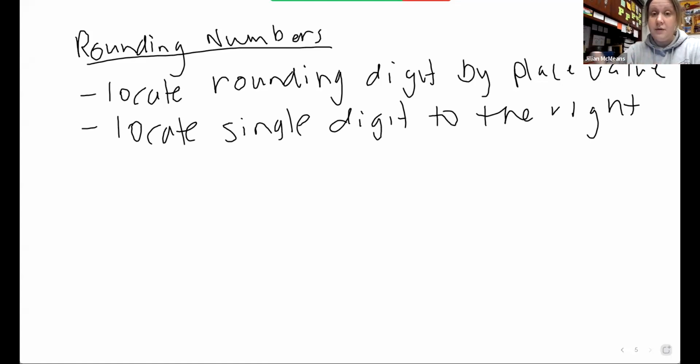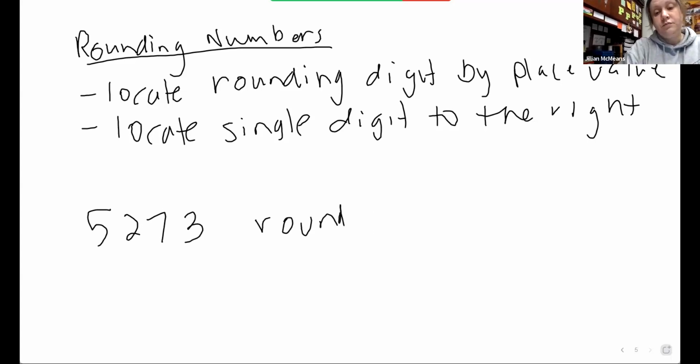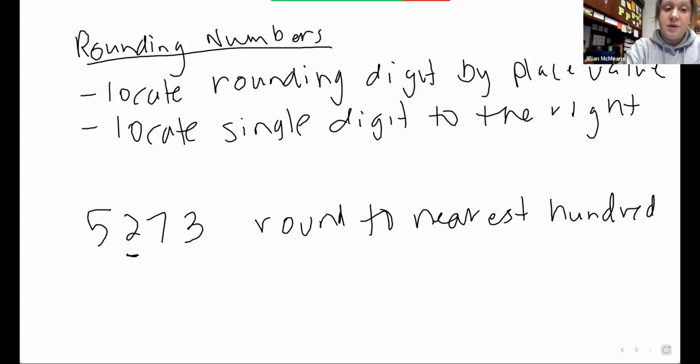So you locate your rounding digit. Let's say, for example, we're going to take 5,273 and round it to the nearest 100. I want to locate the digit in the hundreds place, which is the 2. But most importantly, I'm really looking at the 7, because the 7 tells me if I'm going to round up or down.